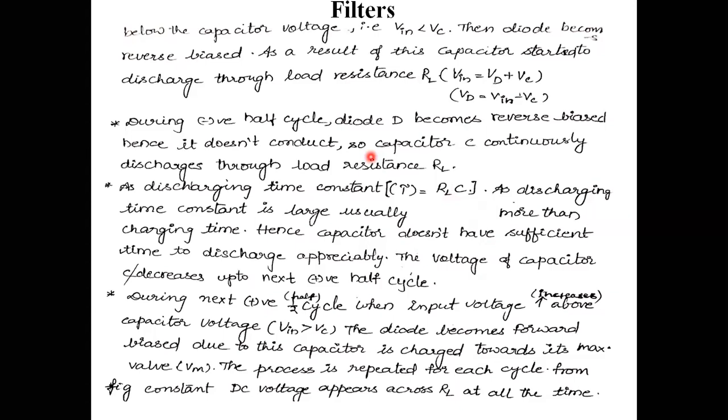That value is Vm here. The discharging time constant tau is equal to RL C, that is load resistance RL times C. The discharging time constant tau is given with respect to the load resistance RL and capacitor C. The discharging time constant is large, usually greater than the charging time.